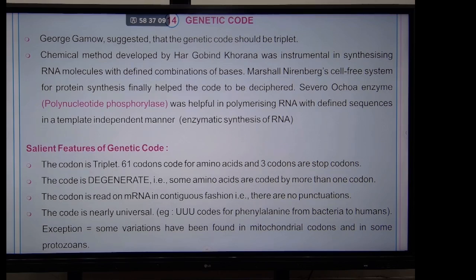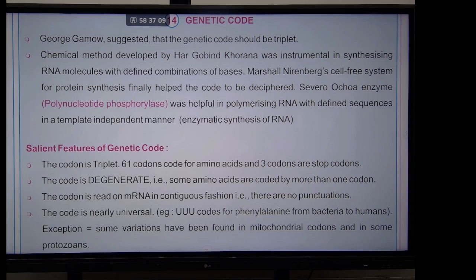Okay, we have alphabets, right? We have the nucleotides, adenine, thymine, guanine, cytosine. How can these four nucleotides code for the 20 standard amino acids found in all the proteins? When we arrange the alphabets in a particular manner, we form words, right?